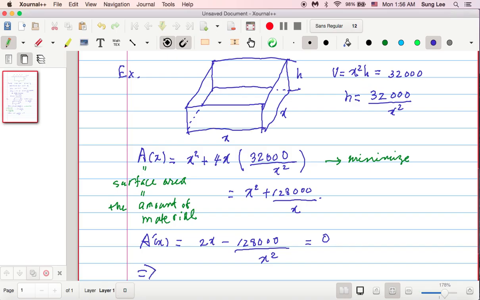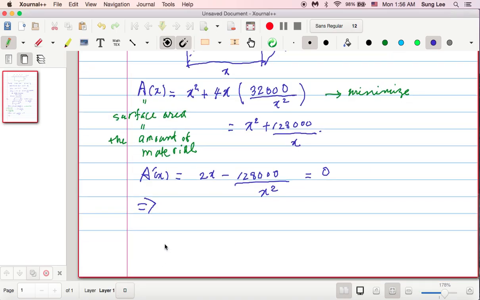From this, we get an equation: x cubed minus 64,000 equals 0.